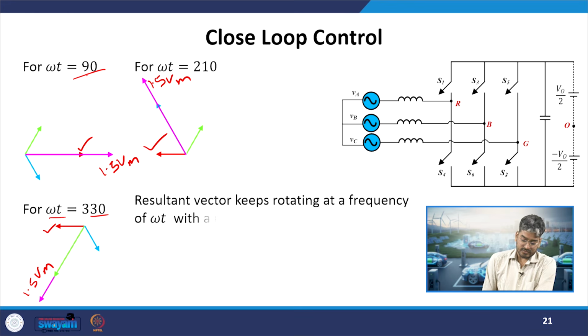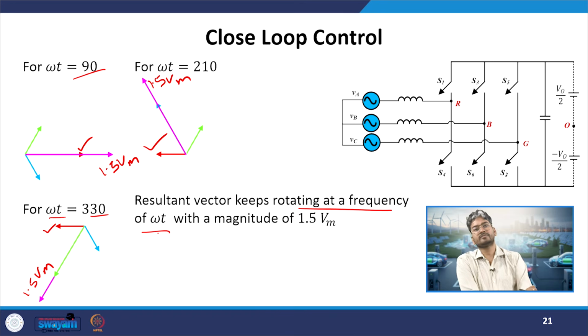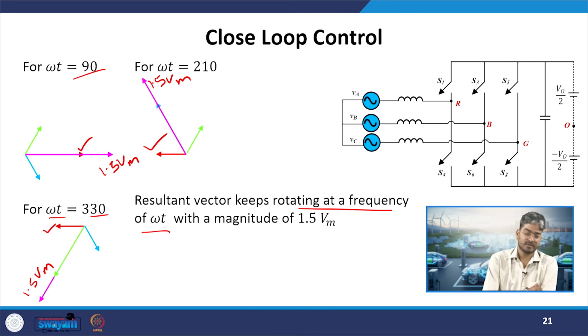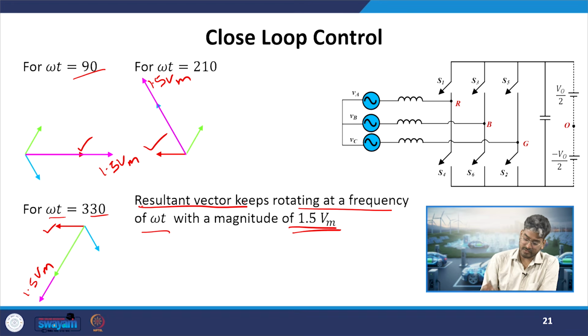So the resultant vector keeps on rotating at a frequency of omega t. If I vary omega from 0 to 360 and repeat this operation, we have done this for 3 instances, I will see that the magnitude of this resultant is fixed at 1.5 Vm, but it keeps on rotating at a frequency of omega t.